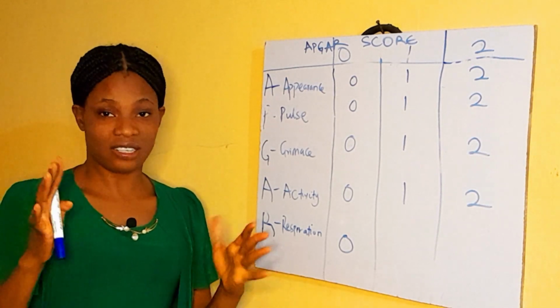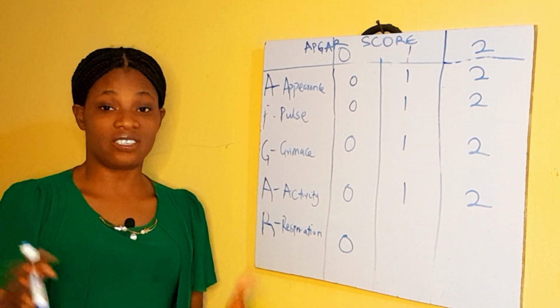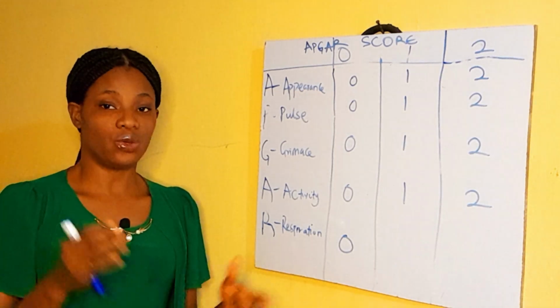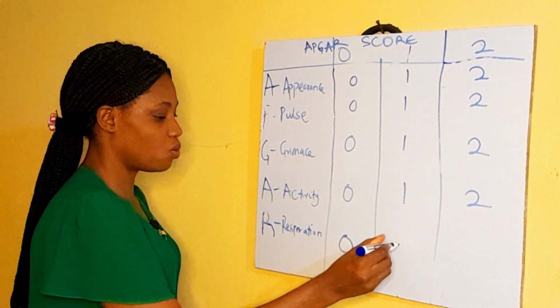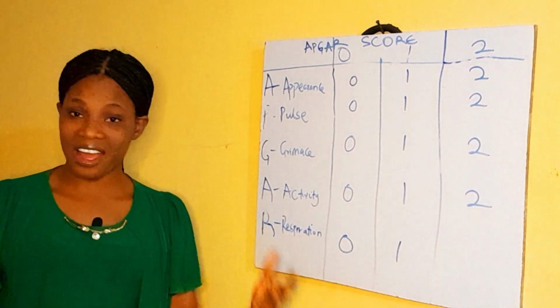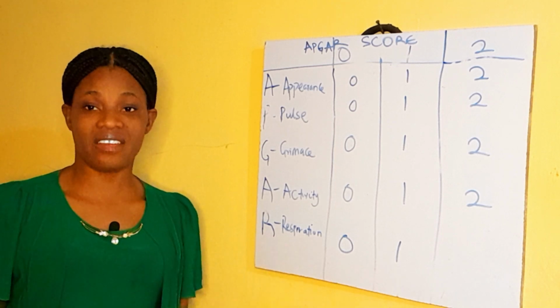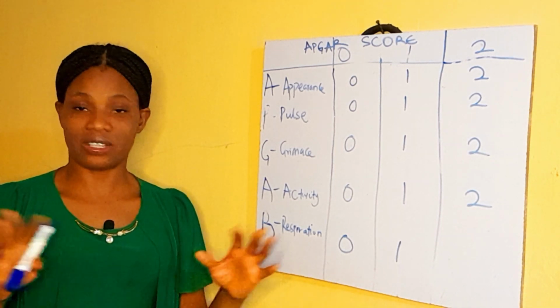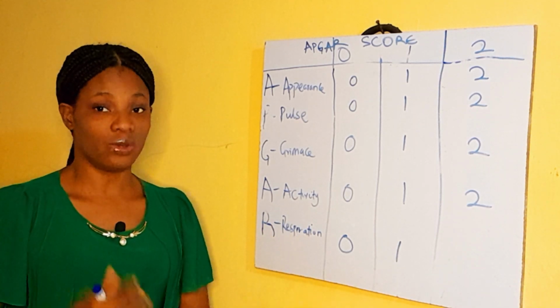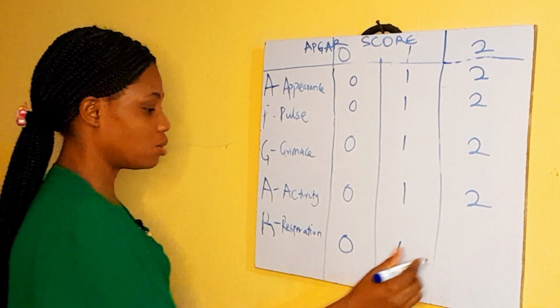If the child is breathing and you notice that the breathing is weak, it is slow, you score the child 1. If the child comes out and is crying actively, breathing very well, without any grunting respiration or any difficulty in breathing, you score the child 2.